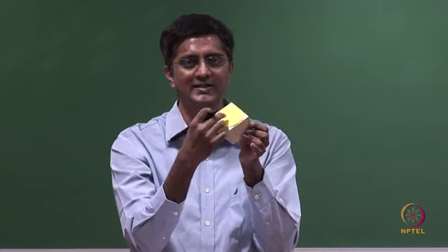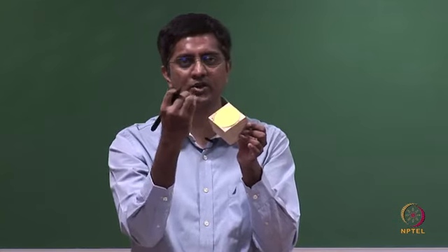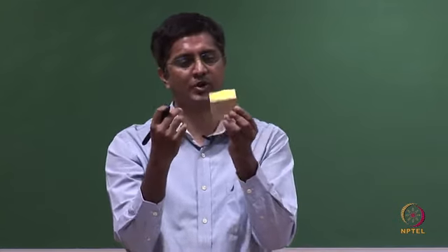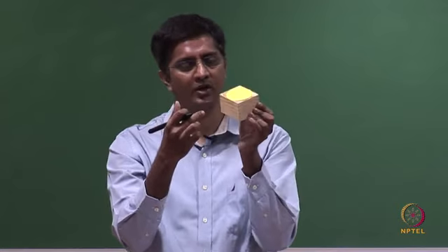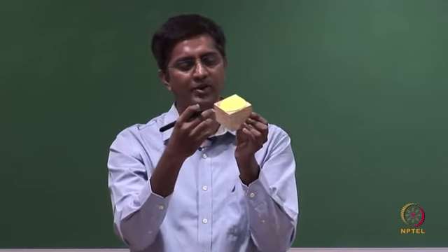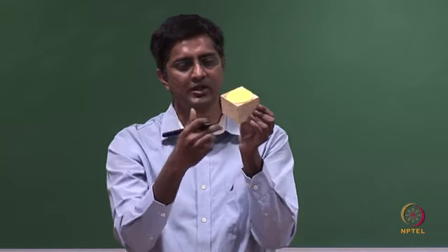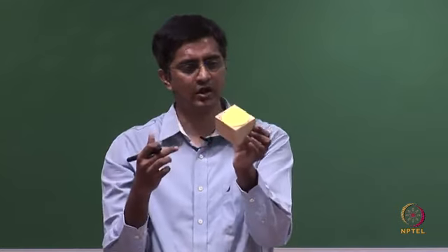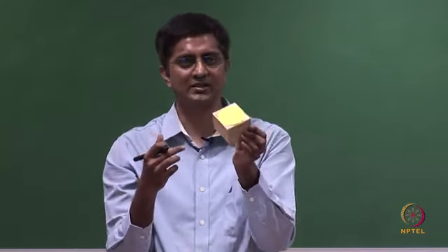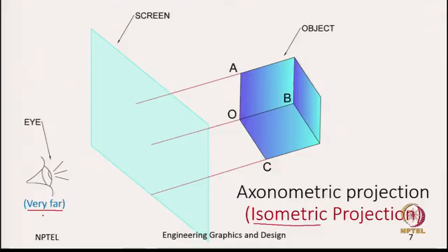Previously, in the last slide of multi-view, we only have seen the two-dimensional view of the object, because we were only looking at one face. Now, in this isometric projection, we are able to see the three faces, because the object orientation is done in such a way. So, this is how we capture the isometric projection of this cube.